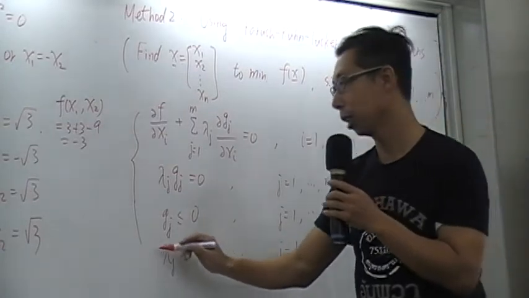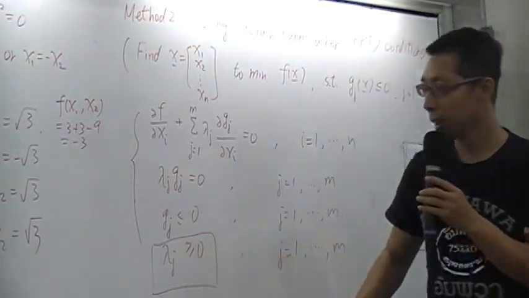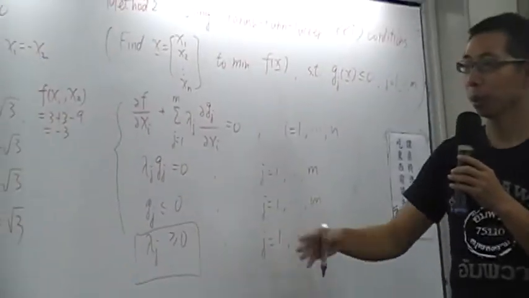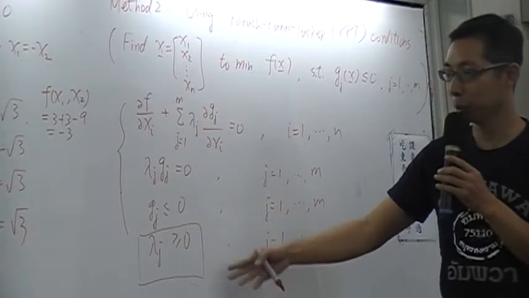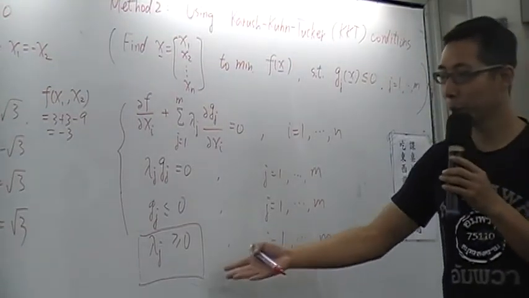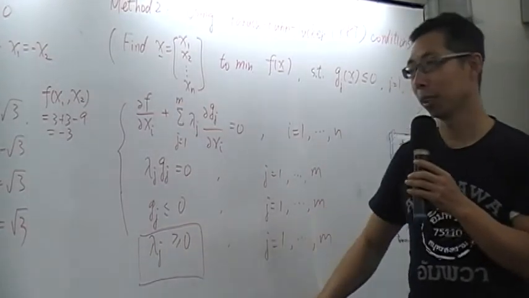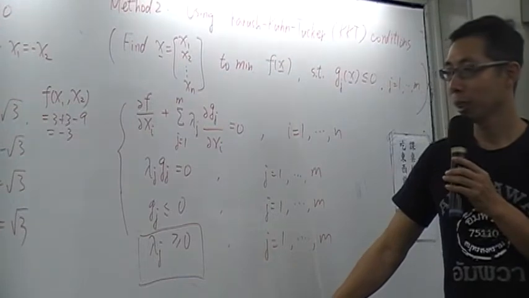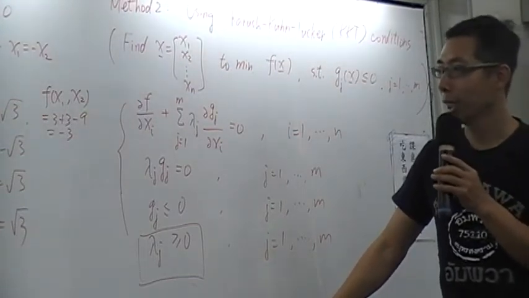This condition did not appear previously. Okay, this is something new, and actually it's pretty important. You can prove that lambda is non-negative using several different ways, but it may be very time-consuming.